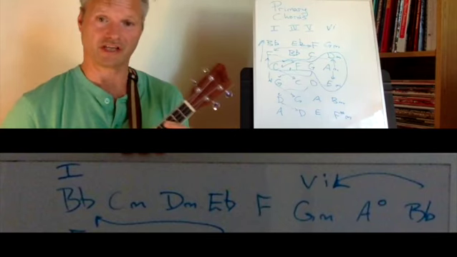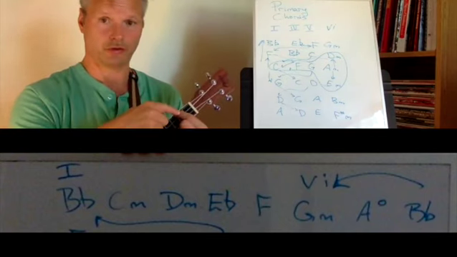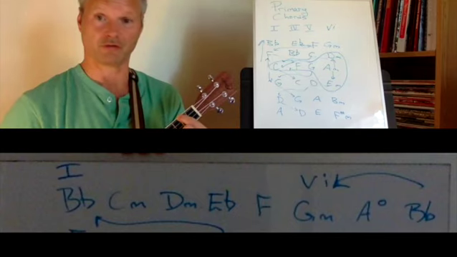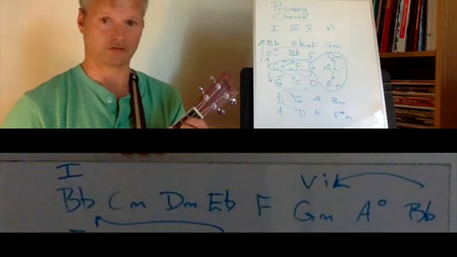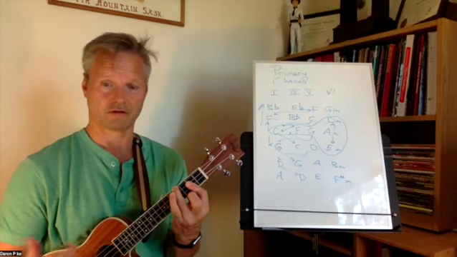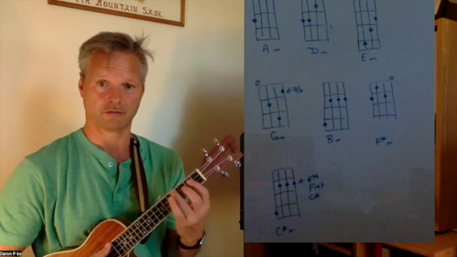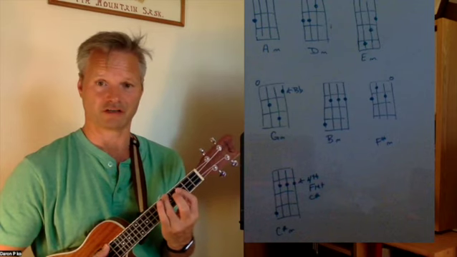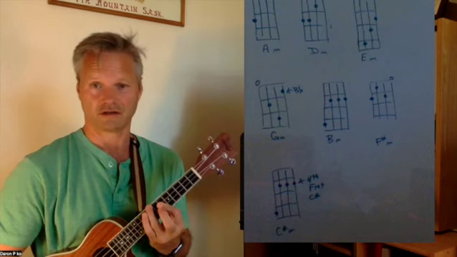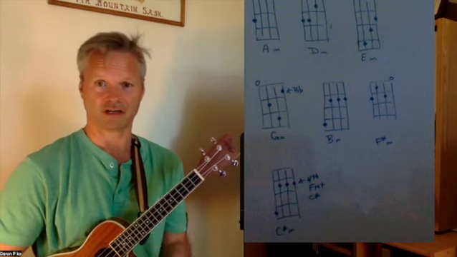They're actually just like A minors, where you have 2 open, open, open, moved up a fret, moved up 2 frets, the 2 becomes a 4, the opens become 2s, so I have to bar them. So that's A minor, B minor, C minor, C sharp minor, D minor, E flat minor, E minor, and so on.